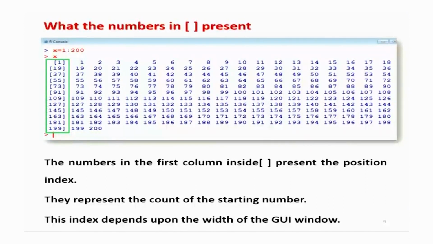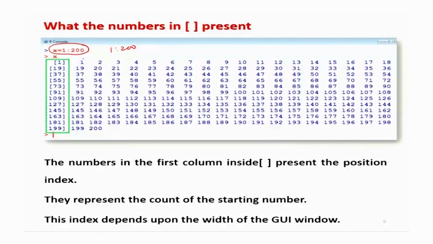Suppose I take an example here, and let me explain what I want to explain. Suppose I give the command x is equal to 1:200, 1 colon 200. You will see in further lectures that through this command I can get the numbers 1, 2, 3, 4 up to 200.